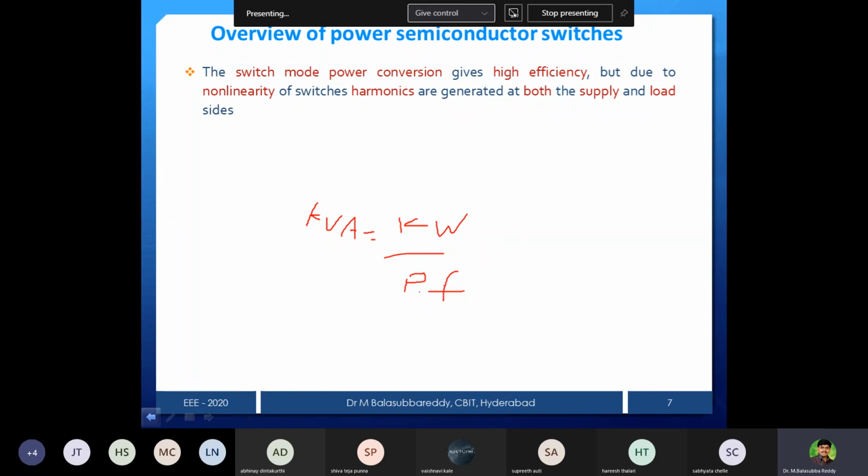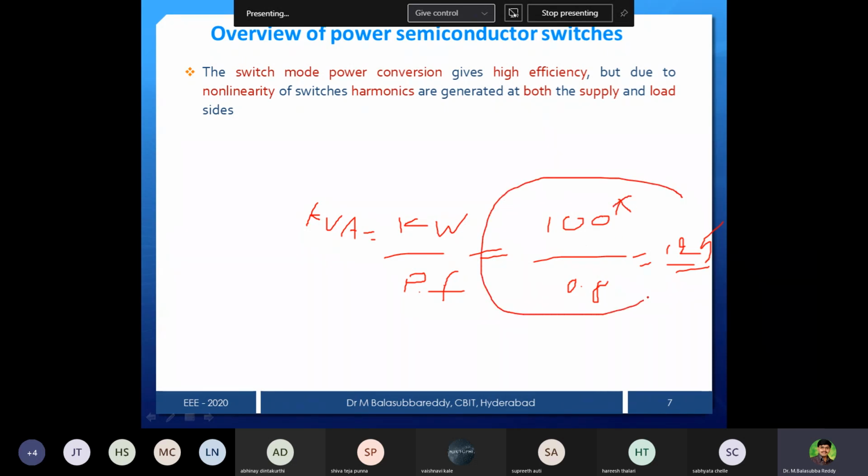Then you have to pay 125 units. You can see that 100 divided by 0.8 is 125, and if it is still less, it will increase more. So they charge 125 kVA into price. Otherwise, if it is unity power factor, 100 into price. Now you can see the difference.